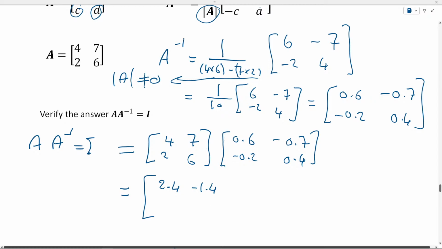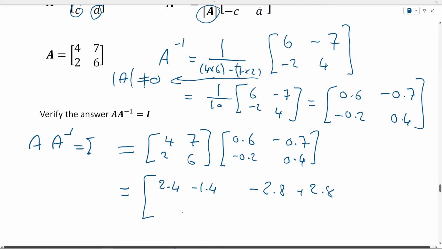The second element here would be 4 times negative 0.7, so you get negative 2.8, and then 7 times 0.4. Now I started to see my 0, and here I started to see my 1s.